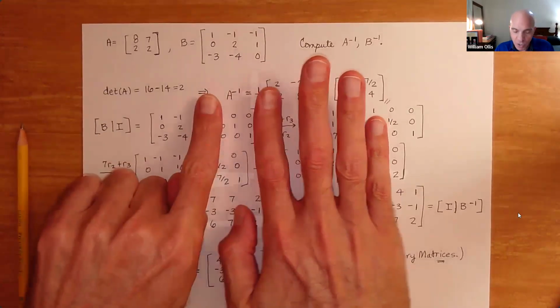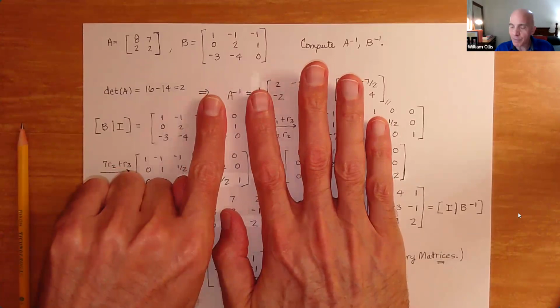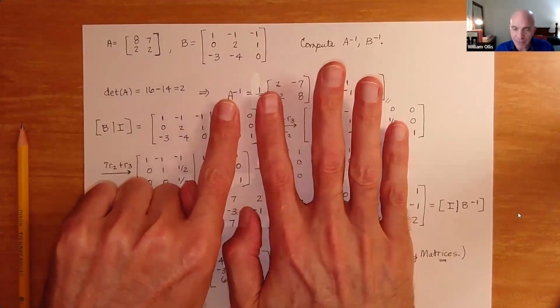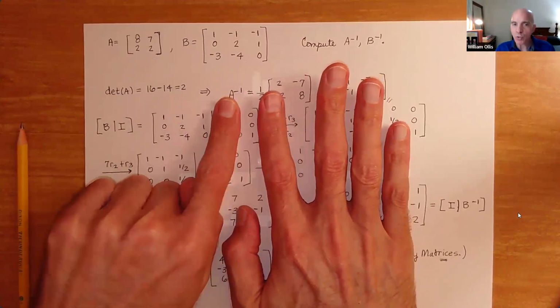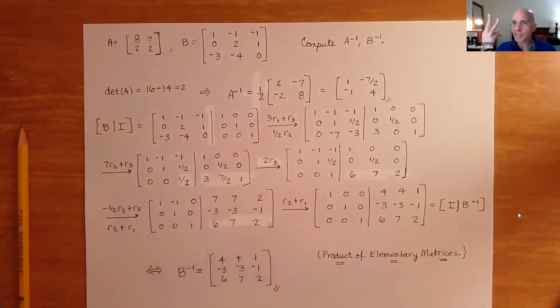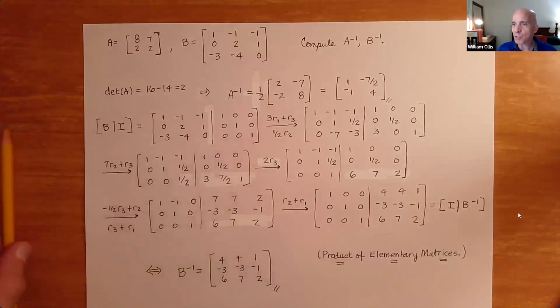If you cover these two columns up, that's another system of equations. And if you cover this up, that's another system of equations. So we're basically solving three systems at one time because we're adding two additional columns. So there's nothing new. It's just two additional operations that are required. Otherwise, it's the same process.